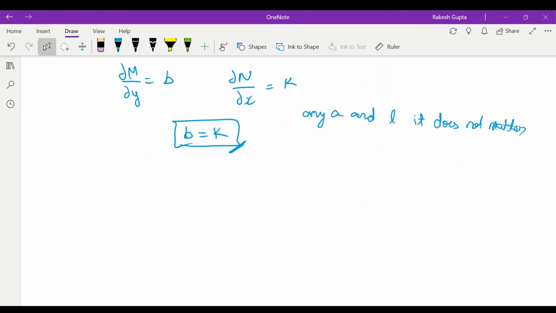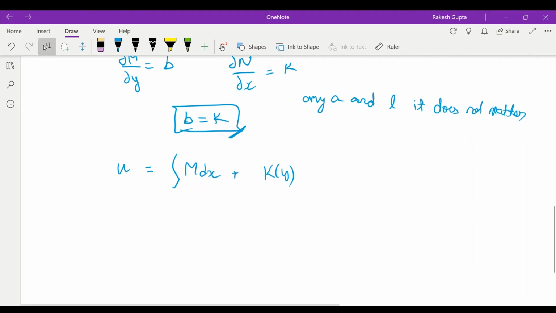So now, when we solve further, we can write the function u as the integral of m dx plus some function of y, which we're going to get. Or we can also write this as the integral of n dy plus some function of x.